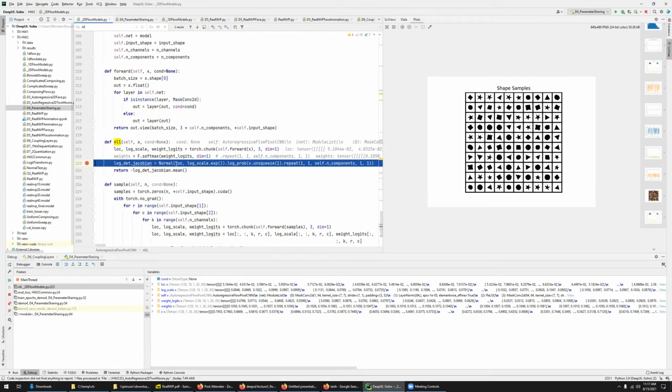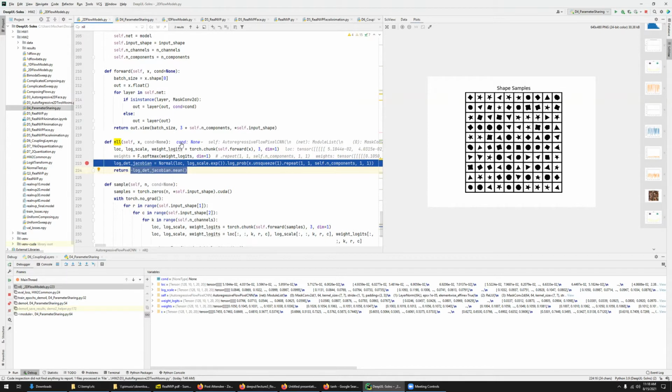There's a peculiarity here, which is that the weights are never used, and they only calculate the determinant of the Jacobian, and they don't actually calculate the Z part. If we look at it, the error is just this part.